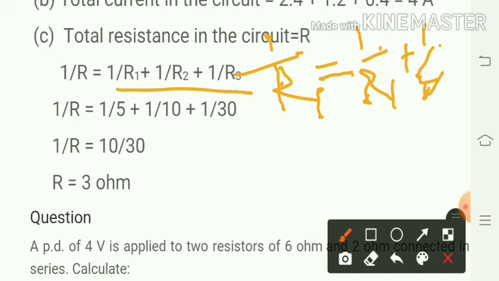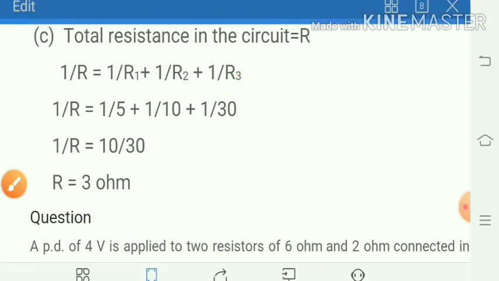Thus, from this formula, we get 1/Rp = 10/30, and hence Rp becomes equal to 30/10. By taking its reciprocal, we get the value of the resultant resistance in parallel combination, that is 3 ohm.